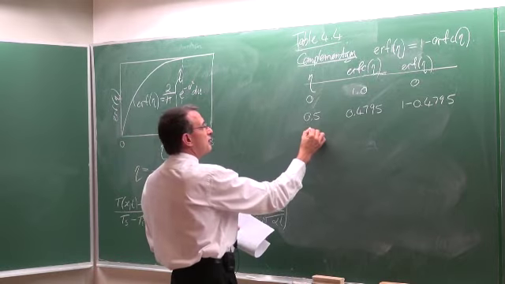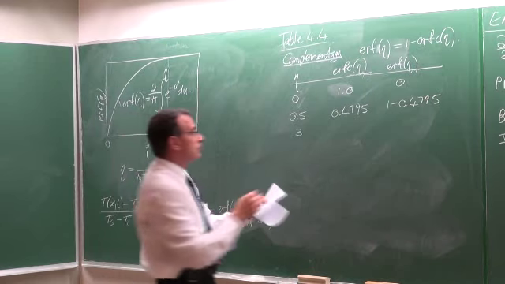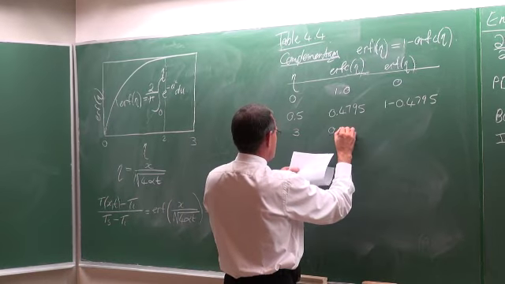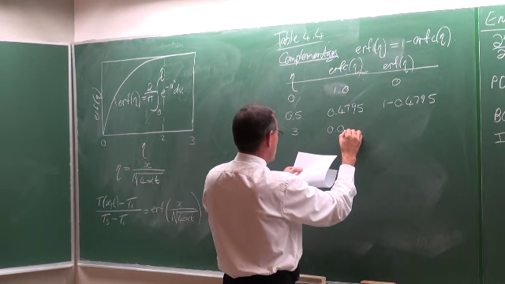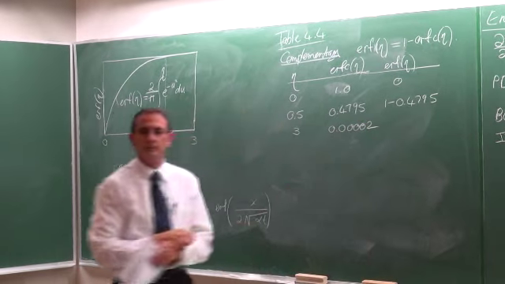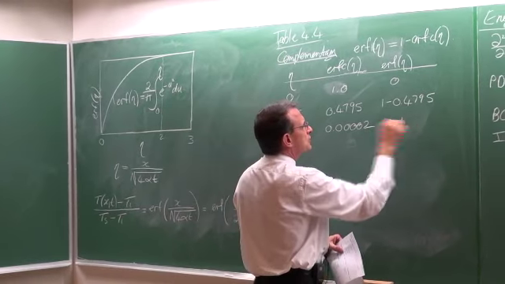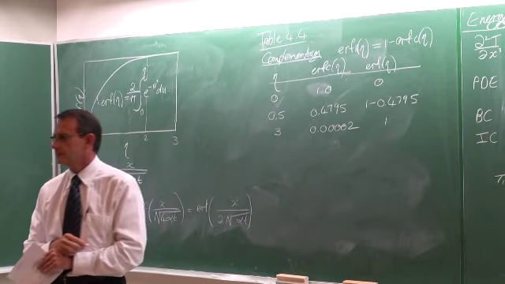And if we look at the error function at 3, where eta is equal to 3, you will see that the complementary error function is equal to 0.402, which means that the error function would be approximately equal to 1.